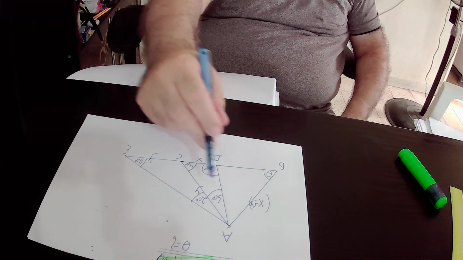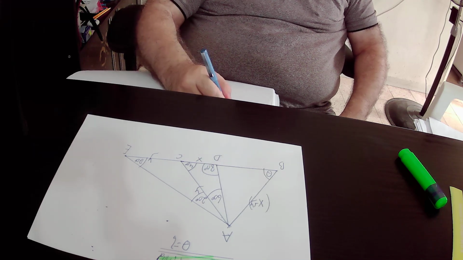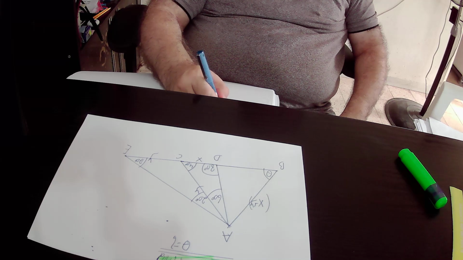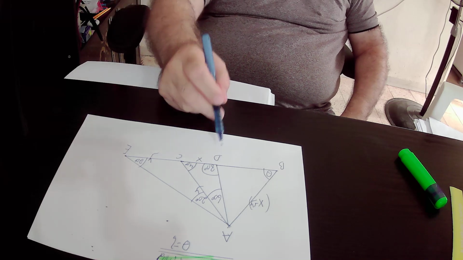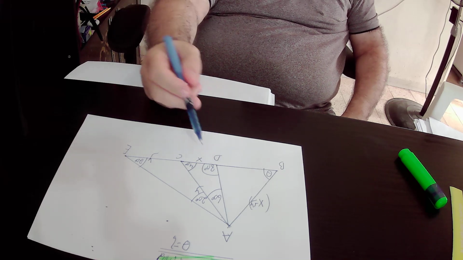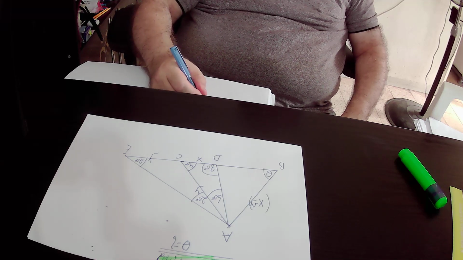Angle DAE equals 60 degrees plus 20 degrees, which is 80 degrees. And this angle ADC is also equal to 80 degrees according to what is given in the question.